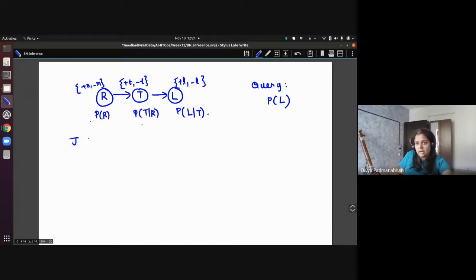So initially, these are the factors. These are the initial factors. Now R and T are the hidden variables.